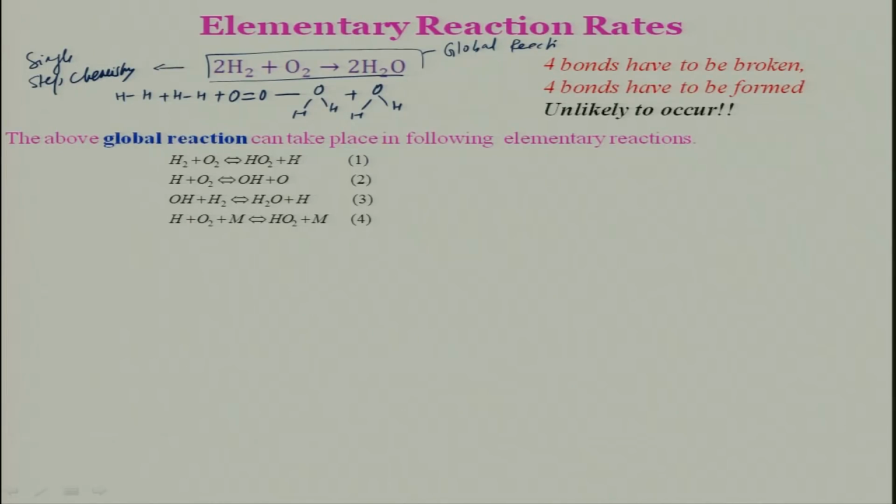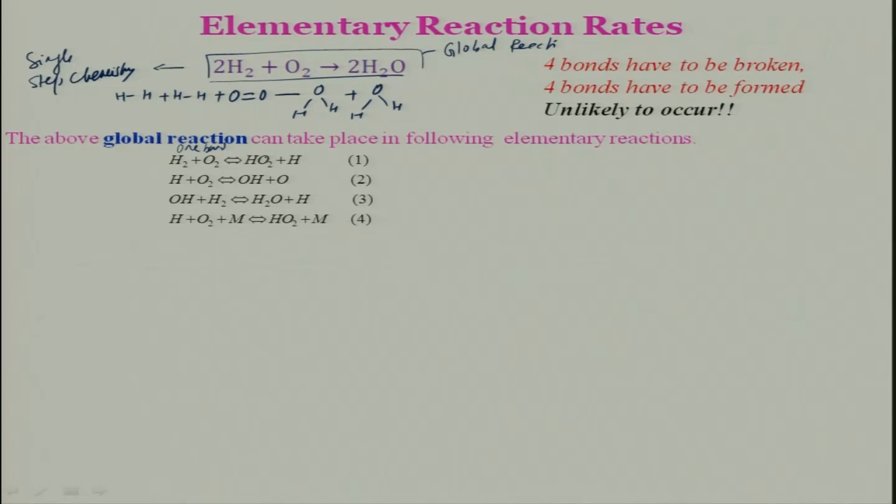It will go to HO2 plus H. In this case, what is happening? O2 is being broken, right? That means O2 is there, one bond is broken here in the left hand side, and hydrogen is being broken, and then it is joined with O2 and became hydroperoxyl.